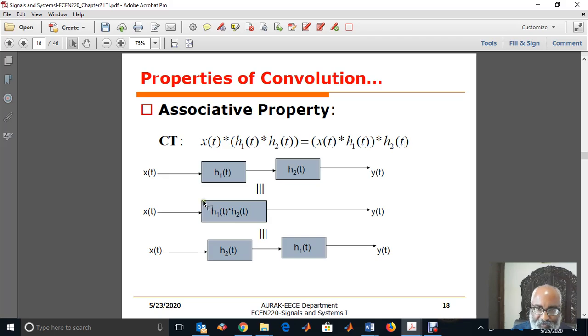Or in other words, because of commutativity also, if you exchange the order of the two systems, first h2 and then h1 instead of first h1 and then h2, the result will be the same. The output y of t will also be the same.